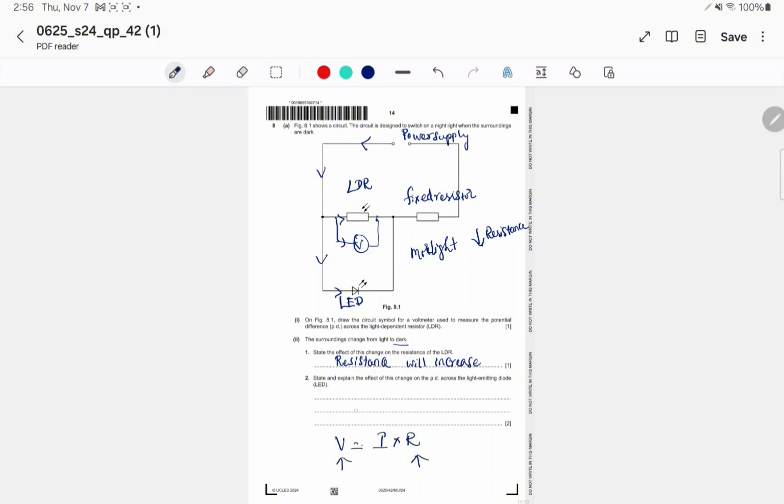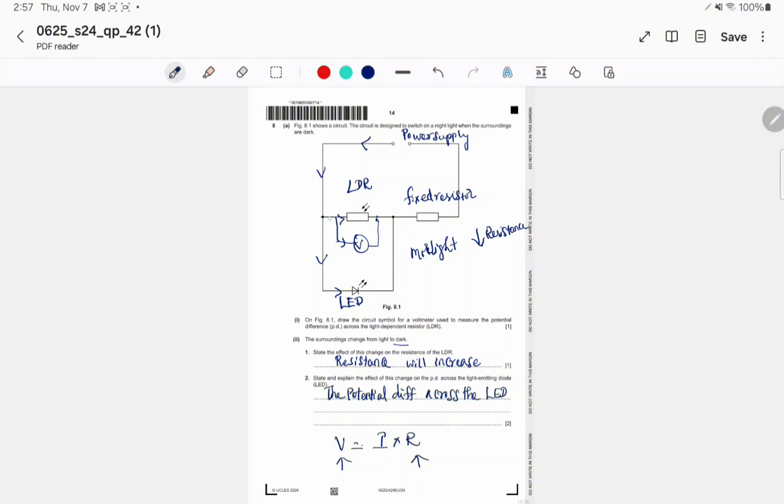So what we will write? The potential difference across the LED, we will write this way, across the LED increases.